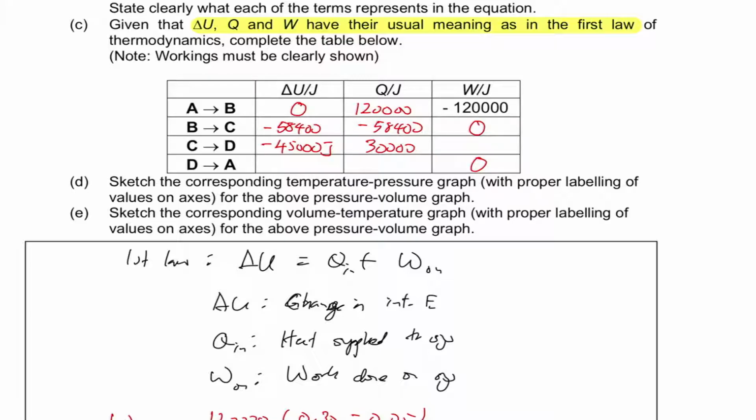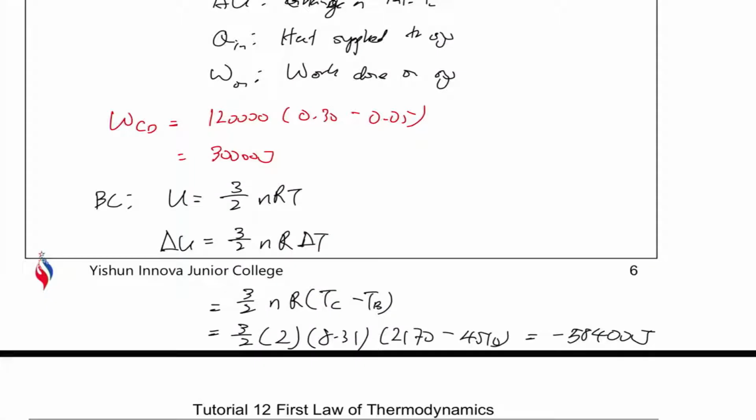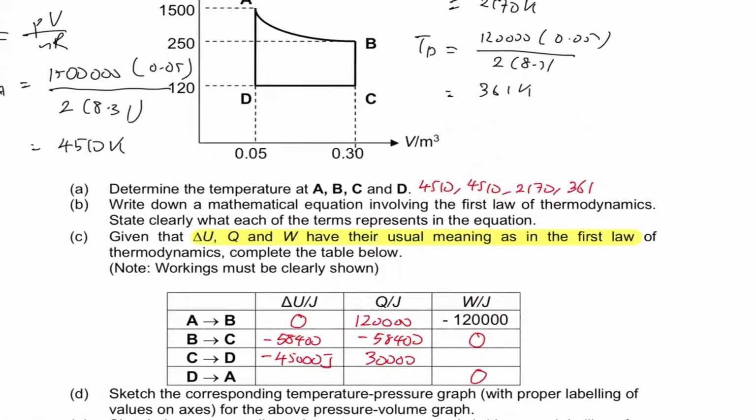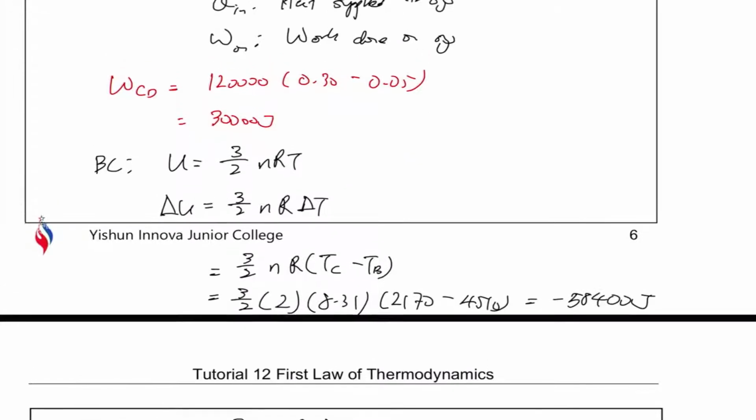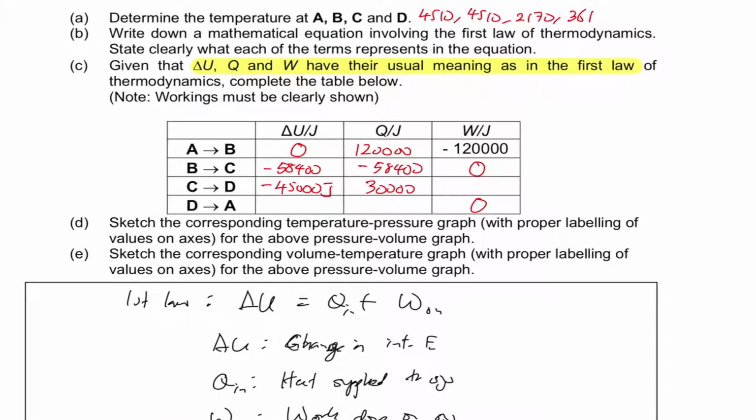Okay, I realized I wrote this work done in the wrong position. So this is work done that we calculated for C to D just now over here. So this one should be work done. In this case, this is compression.